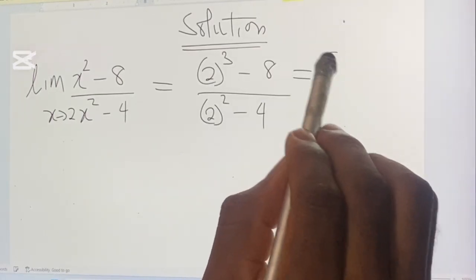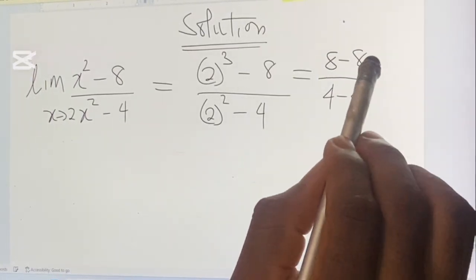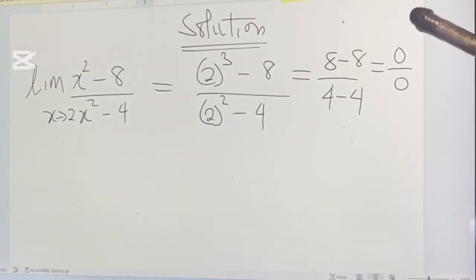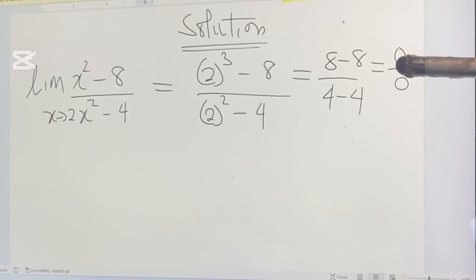So this will give us 8 minus 8 over 4 minus 4. And the answer will be 0 over 0. So class, whenever we replace the value of s and in that limit we have 0 at the numerator and 0 at the denominator, we call that particular limit an indeterminate limit.